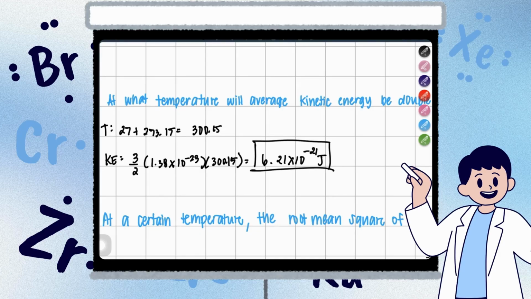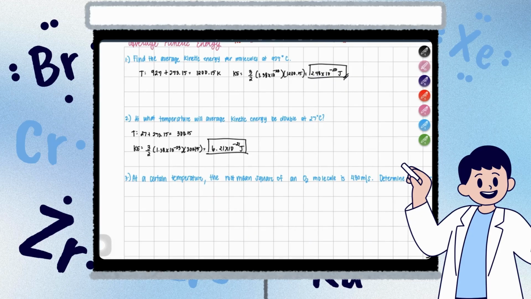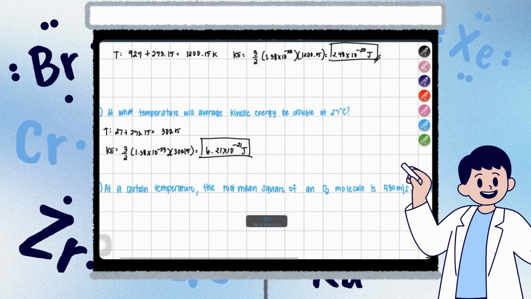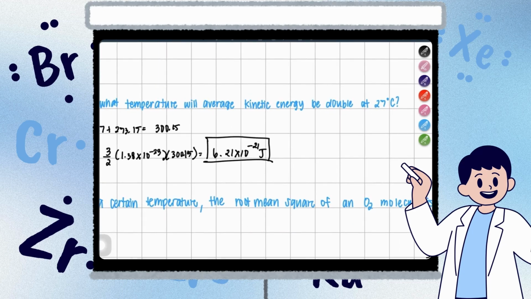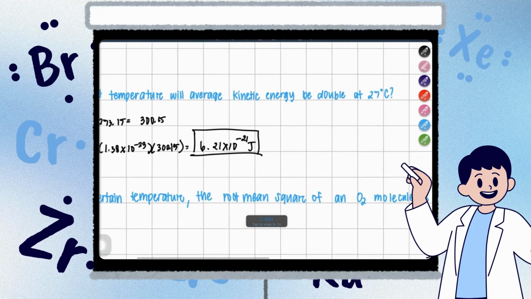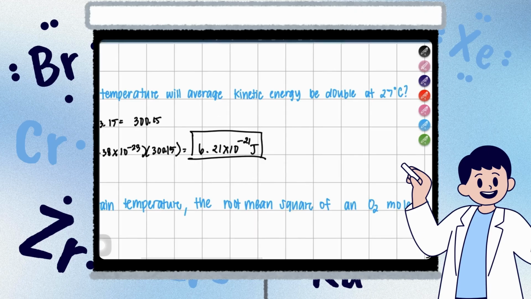Now, this problem is asking us at what temperature will average kinetic energy, or the value that we got, which is 6.21 times 10 to the negative 21, be double. So we have to double this quantity.